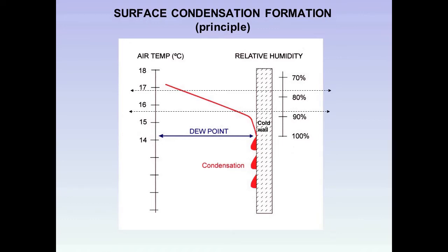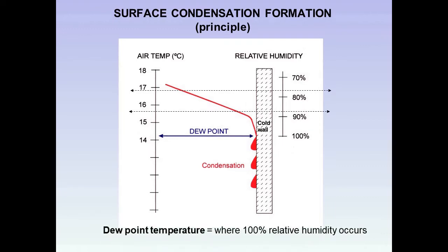It's reached 100% relative humidity. This is known as the dew point temperature. And at this temperature, the air is fully saturated. Any more cooling and the water must come out of the air, it can no longer retain it, and we get condensation form. And it is important to understand that the dew point temperature is where 100% relative humidity occurs.